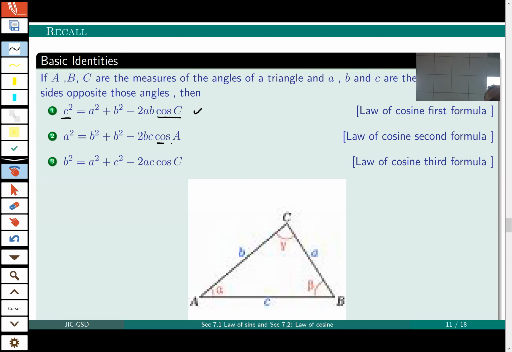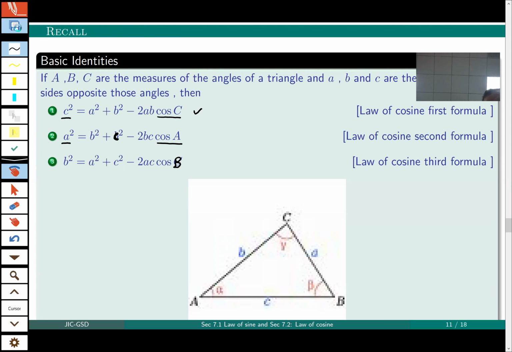And if I'm speaking about cosine A, it should be A squared, and that should be B squared plus C squared minus 2BC cosine A. And now I found C, A, so I need B. So B squared will be A squared plus C squared minus 2AC cosine B. That will be the right formulas.